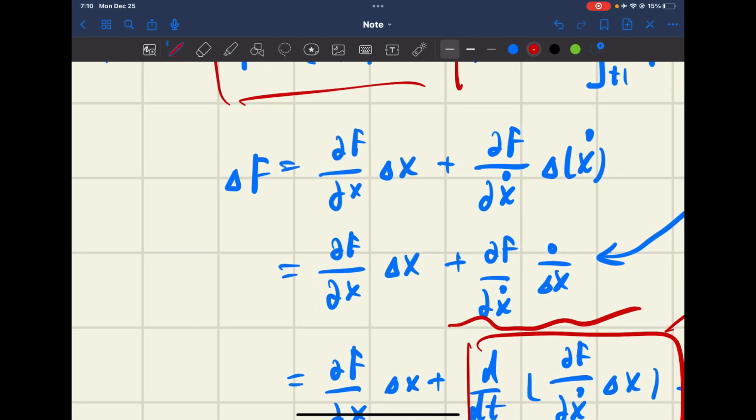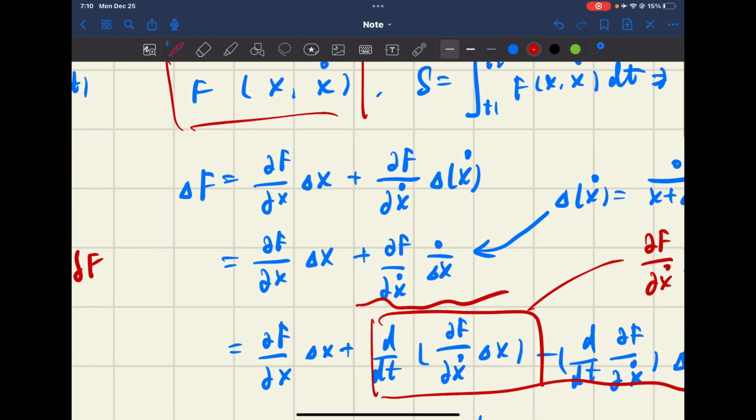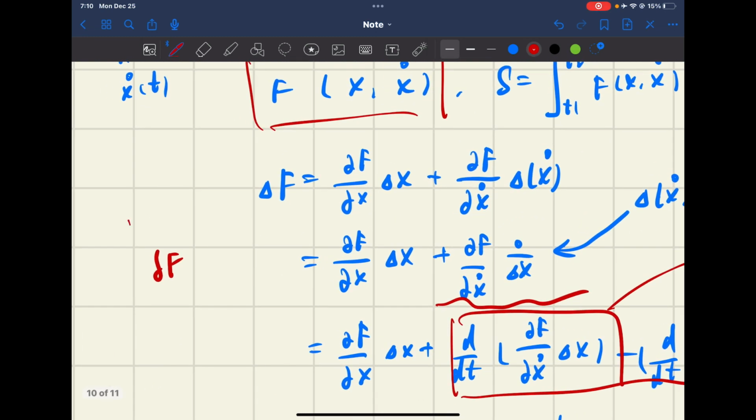we write it into sigma f, delta f. We don't have to consider if x is also related to time, but when the function is related to time, we need to use this. I'm just going to emphasize it: we use this because we want to ignore the change of time in the increment of the function.